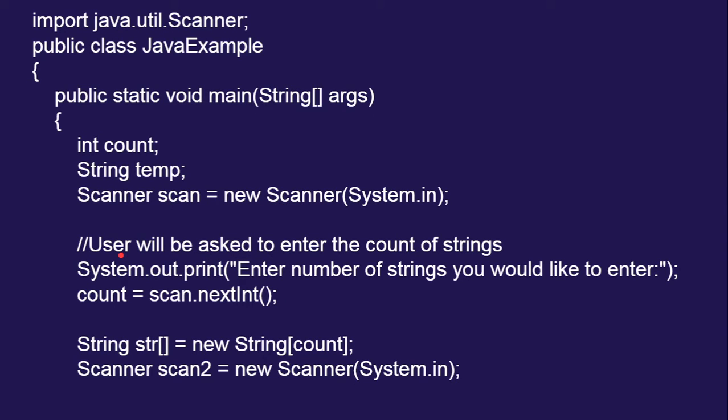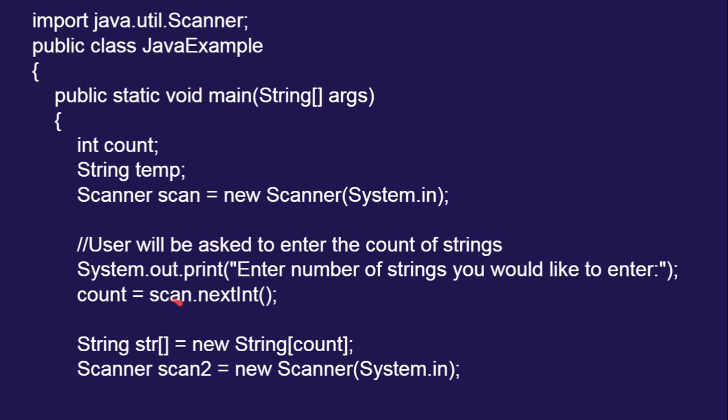scan. Now here, first we are entering System.out.print, enter the number of strings you would like to enter. This is the number of elements in the list. For example, you may give 10 or 20 or whatever number of elements we need. And count = scan.nextInt(). nextInt is the method which is applied on the object scan, and we know this dot is a member access operator.